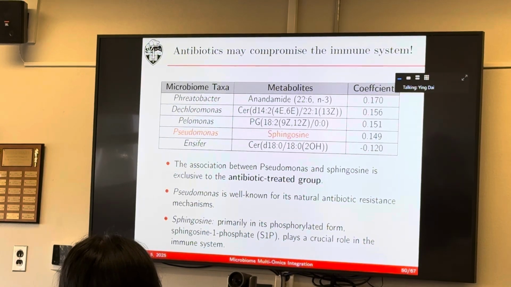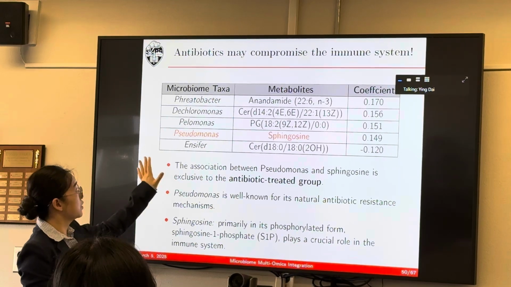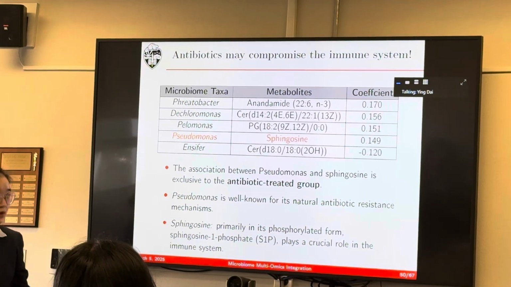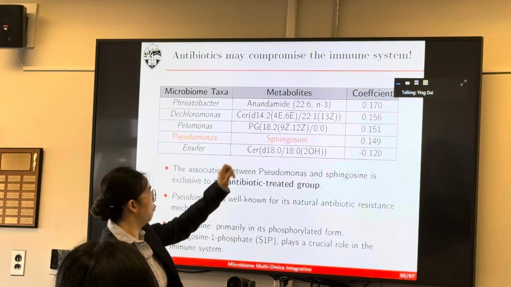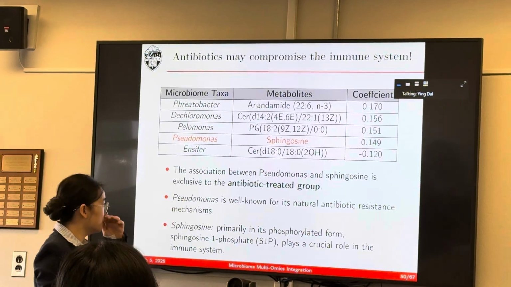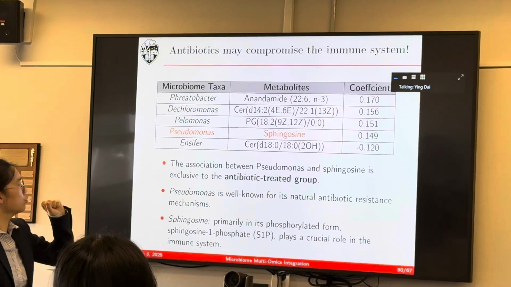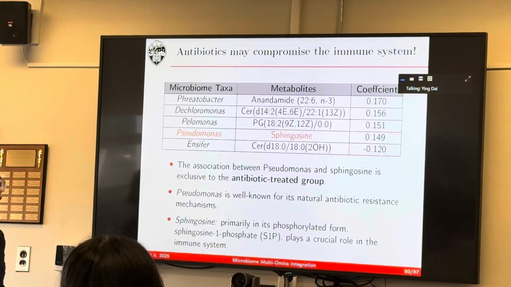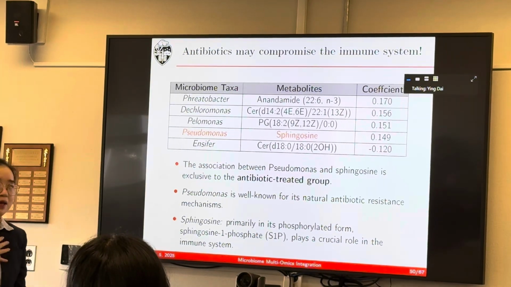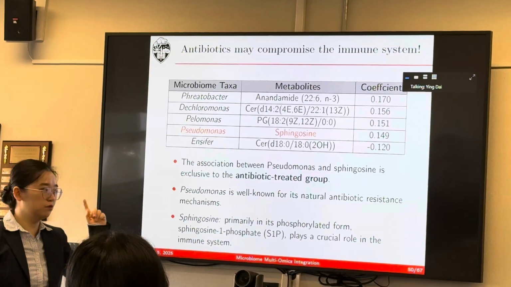Another interesting thing that we find is this table, which shows the associations that only appear in the antibiotics group. And then we find that this fourth one has the largest coefficients. For the microbiome part, Pseudomonas is actually well known as an antibiotics resistance mechanism. So in my interpretation, if you take antibiotics, its abundance is going to go up.